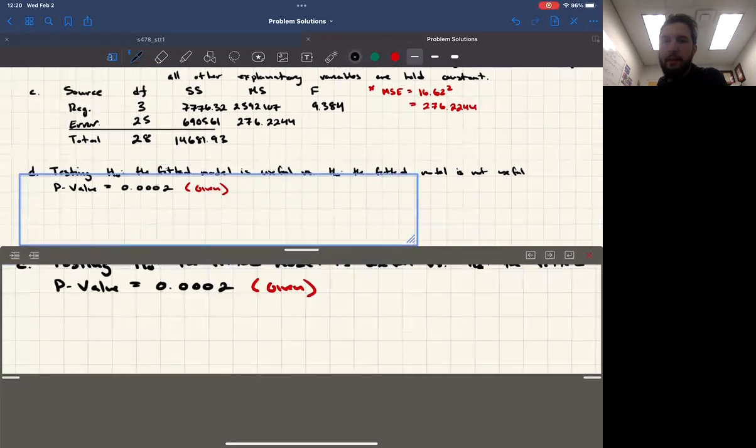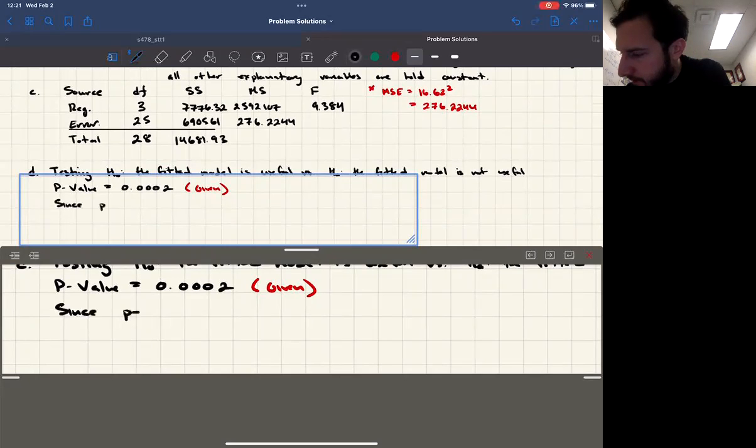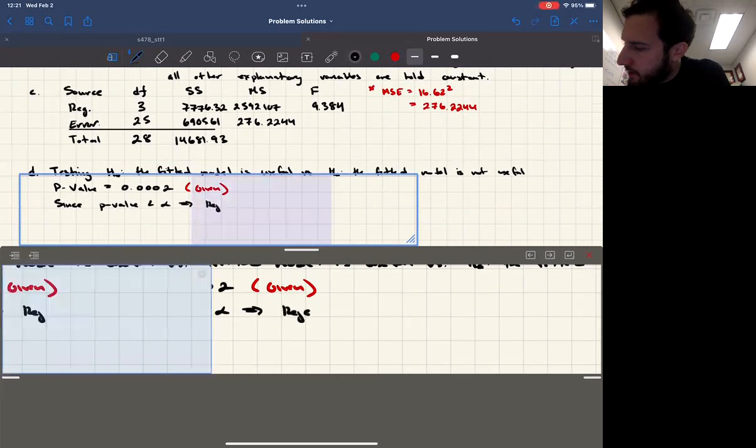So since we're testing at the 5% significance level in this case, we can say, since p-value is less than alpha, we will reject H0.